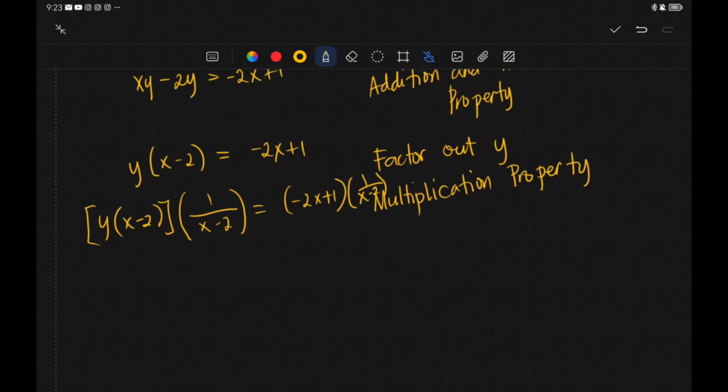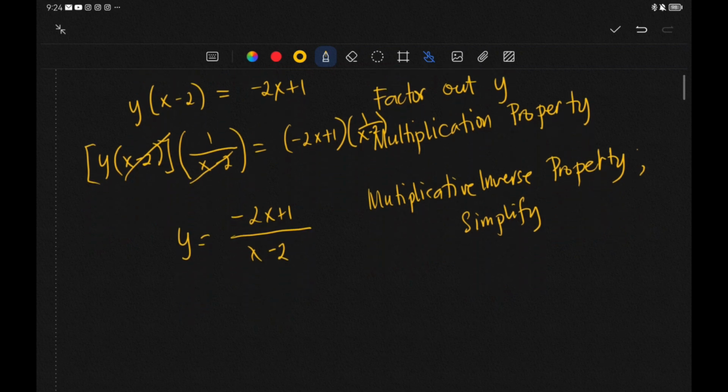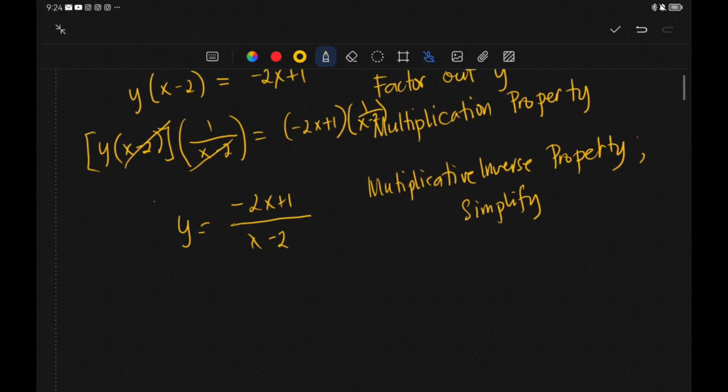So you are going to apply multiplicative inverse property to simplify. So this will become y is equal to negative 2x plus 1 over x minus 2. So this is now our inverse of the given function.